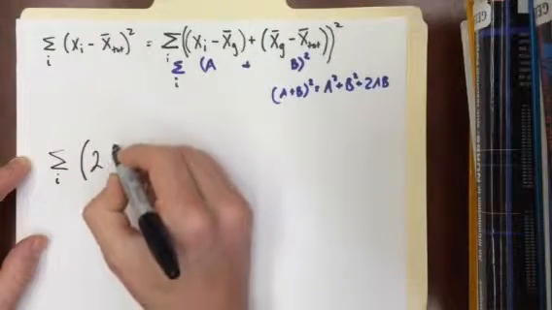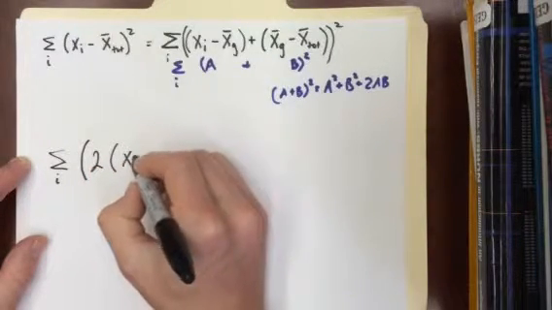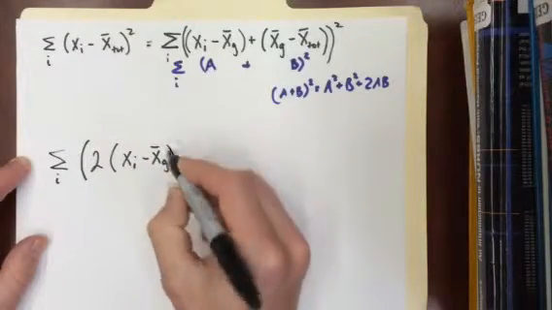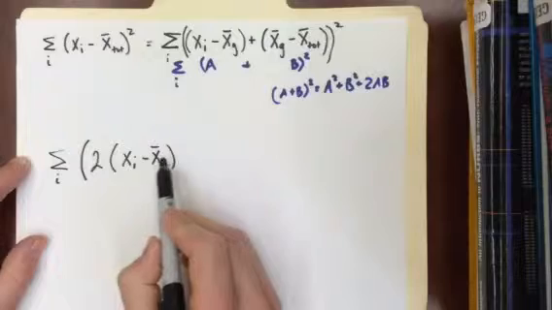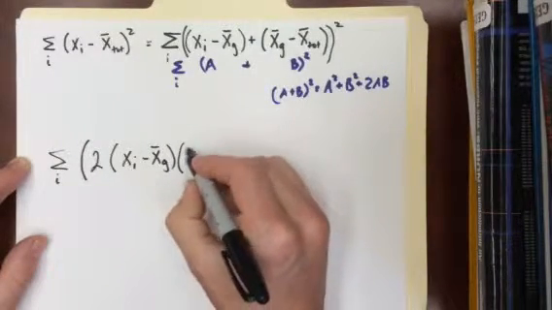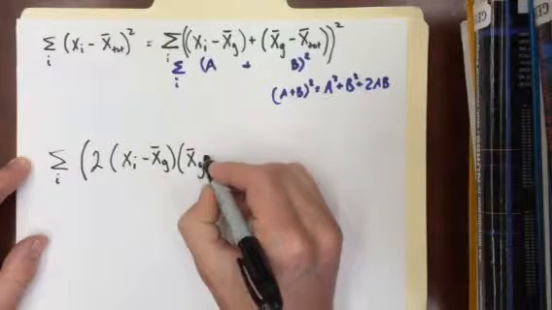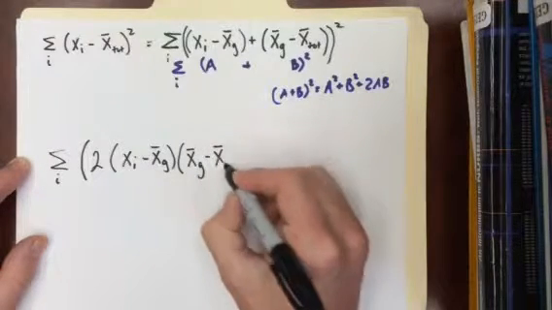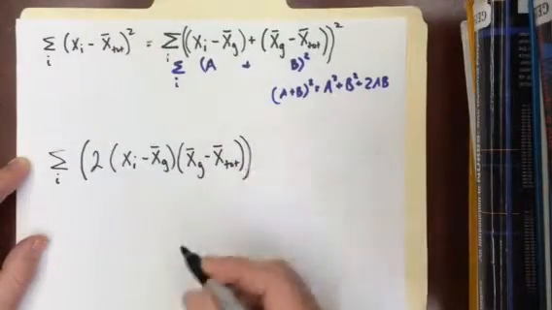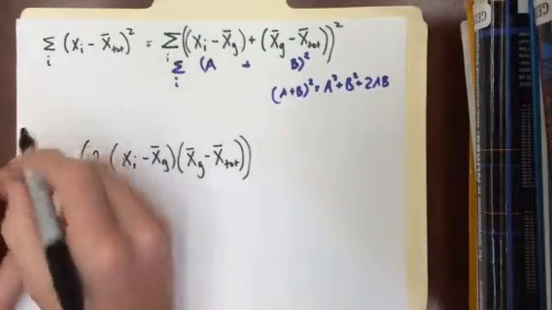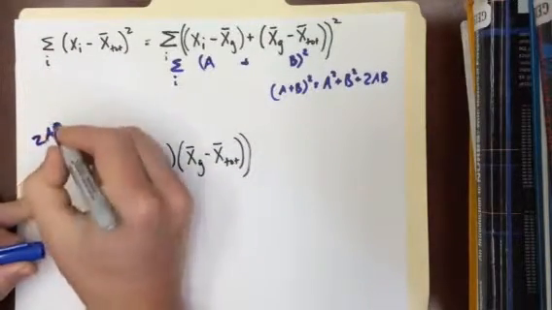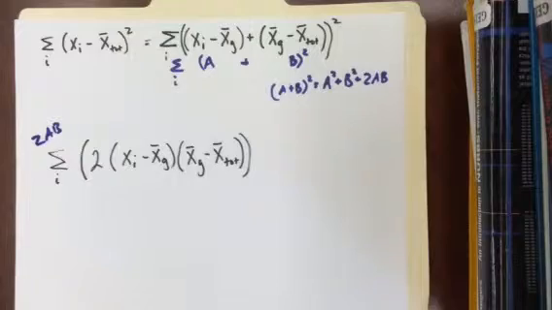Two times xi minus, remember this is an individual data point minus its group mean, times that group mean minus the grand mean. So this is just this 2ab. This is what the 2ab equals.